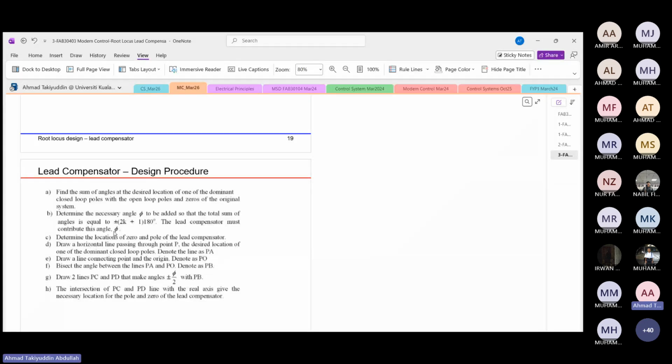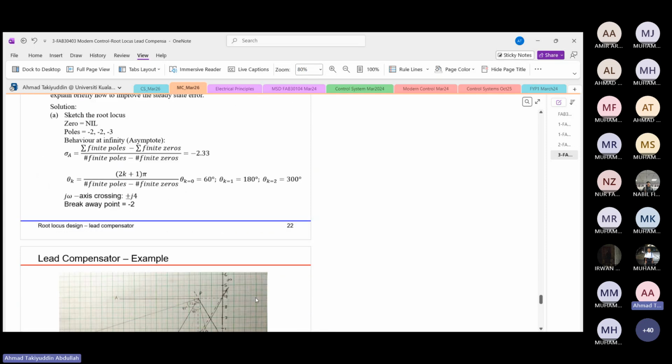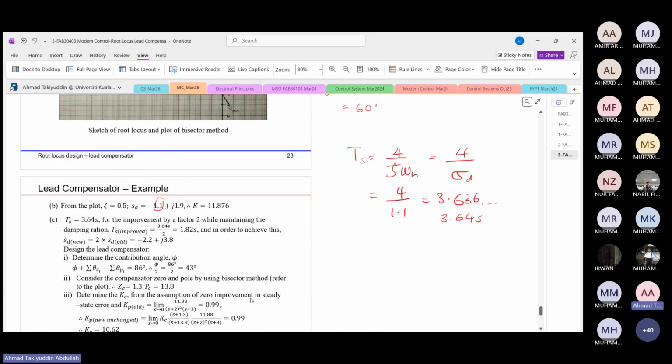Right. Let's look at what we have until this part, knowing our new dominant pole that will be -2.2 + j3.8 here. Let's try to digest how you can actually work until you get this. I'm going to allow you about 7 minutes.